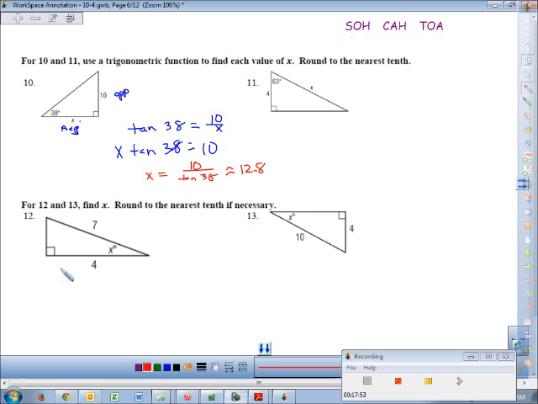Cool? Get an equation on 11, then check it with mine. It's a right triangle. They gave you an angle measure and a side length. If you have the right equation, solve that equation for x.